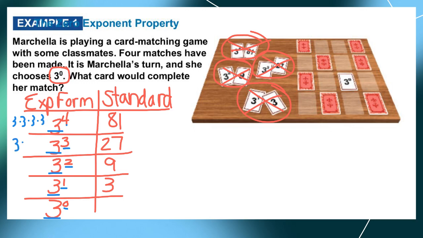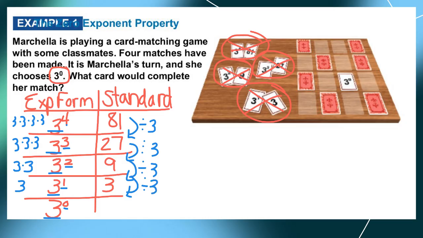And then I went down to 3 3s, and then I went down to 2 3s, and then I went down to 1 3. So it looks like I'm getting rid of a factor of 3 every time. Another way of saying that is I'm dividing by 3 every time. Well, 3 divided by 3 is 1. Marcella's match is a 1.